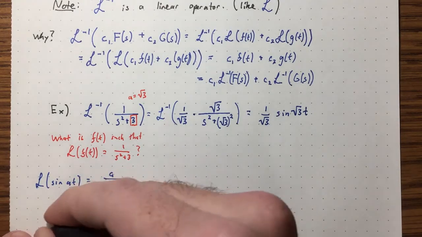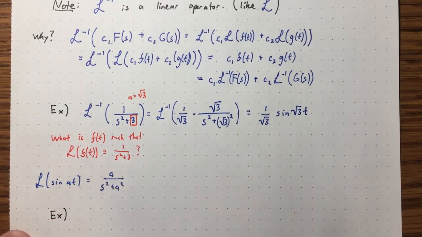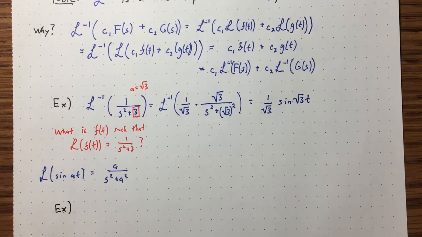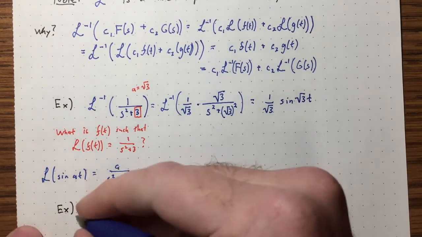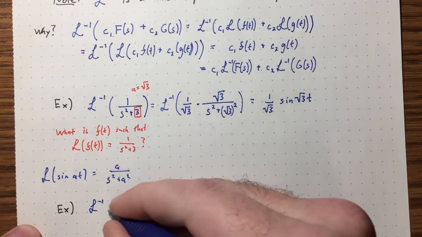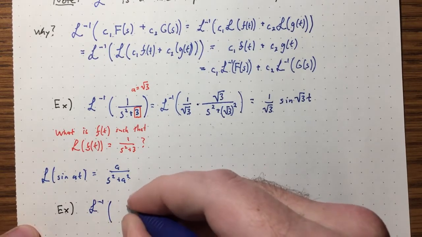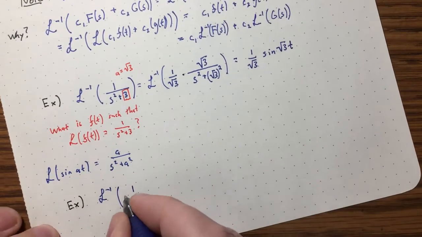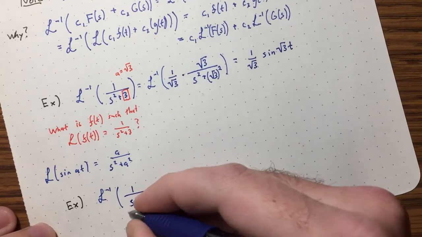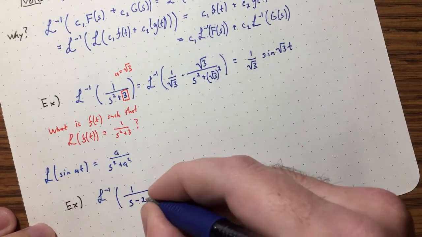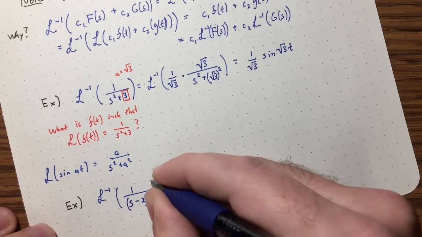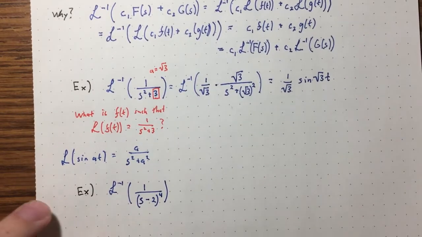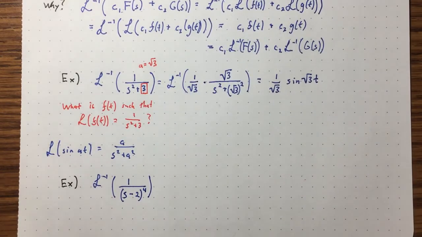Let's do another example. Okay. How about, let's do 1 over s minus 2 to the 4th power. Okay. All right.